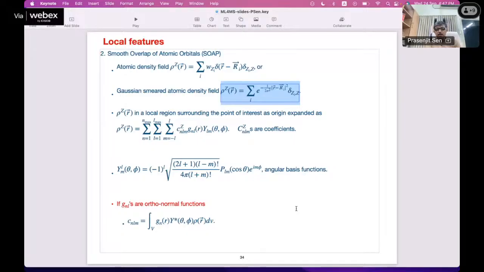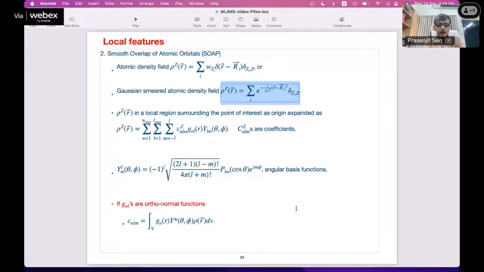That's how the construction works. If you have more than one element of atomic number Z, then you sum their contributions at each of these points small r, and that's how you create the atomic density field for Z, the element with atomic number Z. And this way you create it for all elements present in your training set.